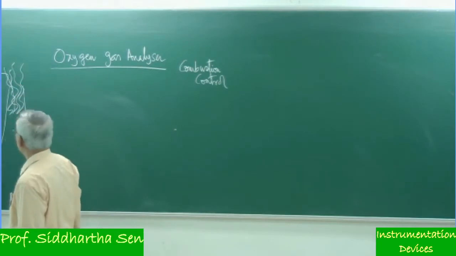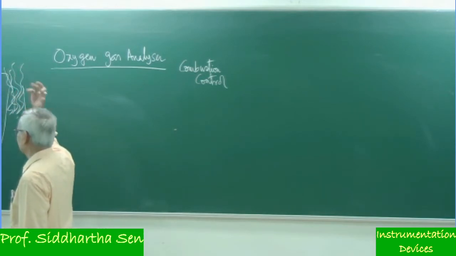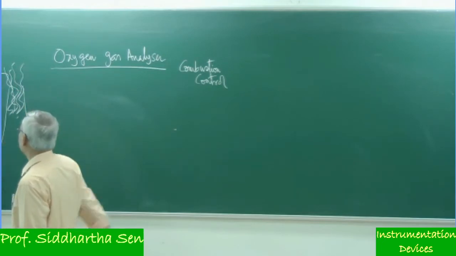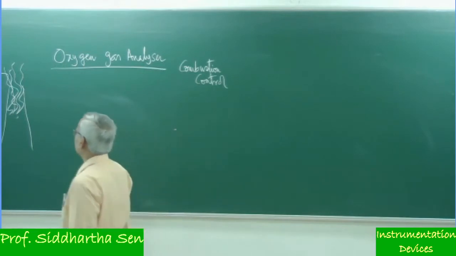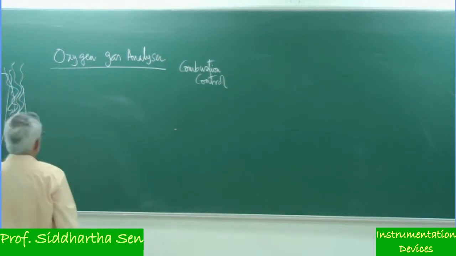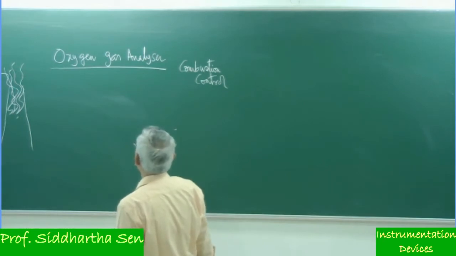And if it is a complete combustion, or suppose more oxygen is going, we will find the carbon particles are not there. So what is important is this, which is called flue gas. In the flue gas, we want to find out what the oxygen presence is. That's why we call it an oxygen gas analyzer.